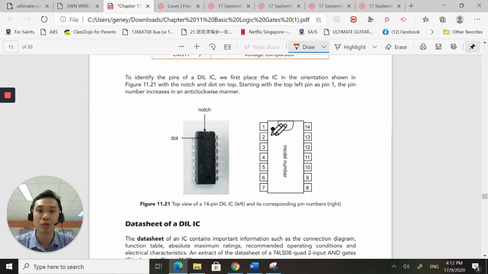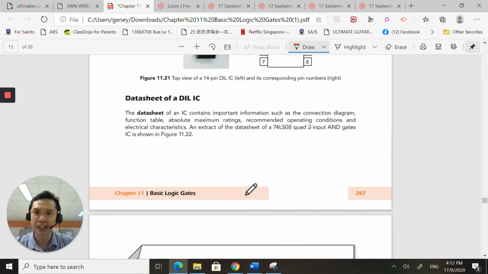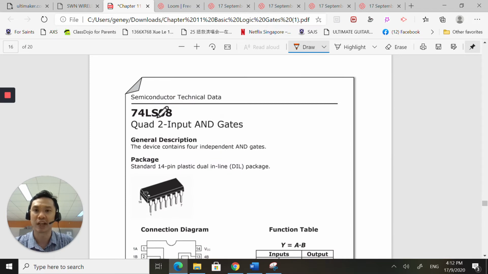And how do we know what each of these legs do? What if I know the number, what do they do? Whenever you're not sure of what a component does, always refer to the data sheet. So let's look at the data sheet of a 74LS08. So this is a quad 2 input AND gate. Remember, quad means there are 4 gates, and each gate has 2 inputs.